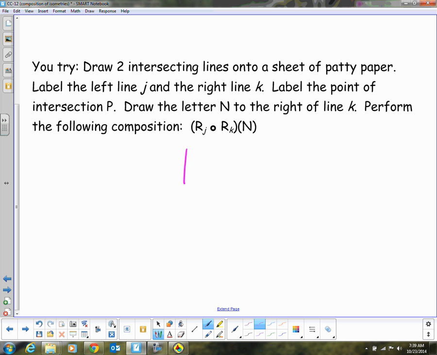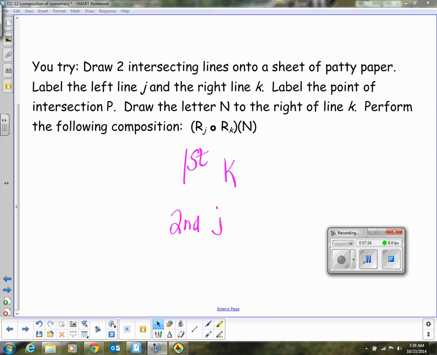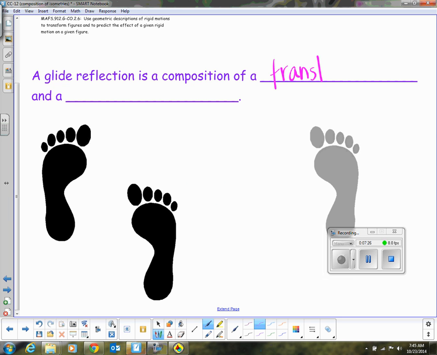Which one goes first? This is from yesterday. Which one goes first? K. Which one goes second? J. So you're going to be reflecting over those lines. Translation and reflection.